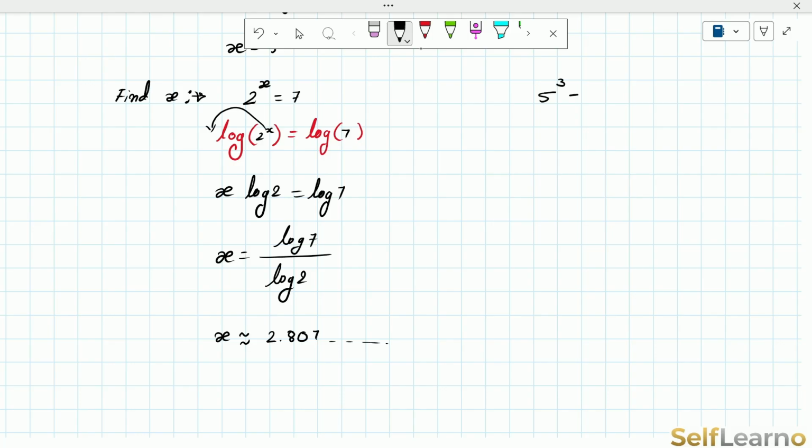5 cubed is 125, right? I'm taking the example 5 raised to x is 125. Then what is the value of x? We know the answer: 5 cubed is 125. But I want to teach you this method, how it can be used. You should apply logarithm on both sides.